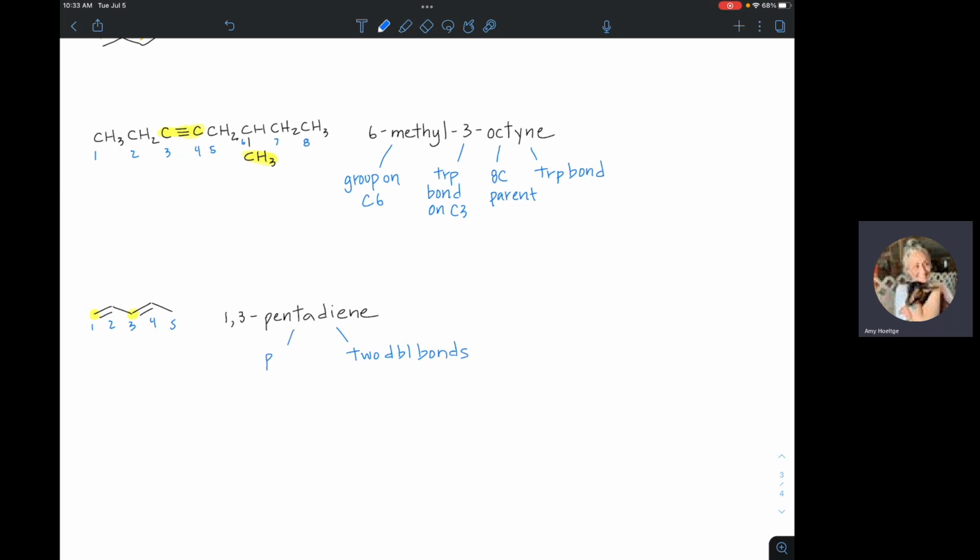The parent has 5 carbons, and the double bonds are going to be on C1 and C3. So this is 1,3-pentadiene. So again, the a after the pent is in there for ease of speech.